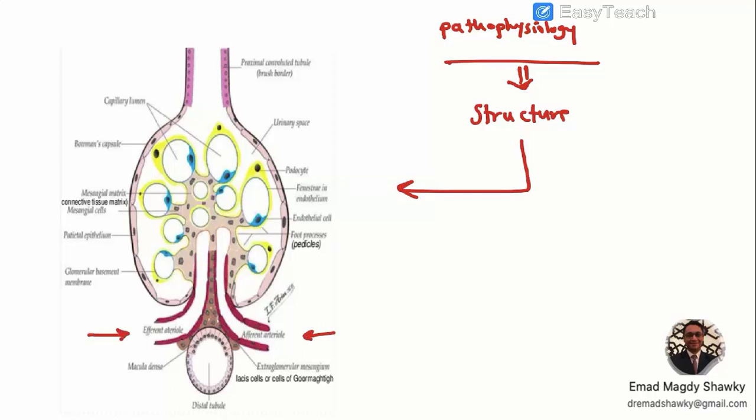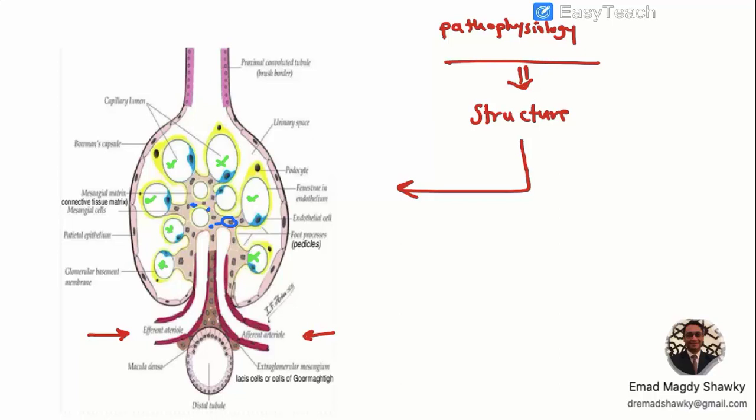Then those are the glomerular capillaries. So the blood comes from the arterioles to the capillaries, and those capillaries are embedded in a mesangial matrix. This matrix contains mesangial cells.